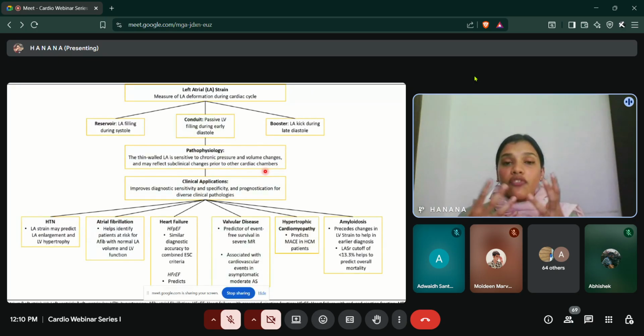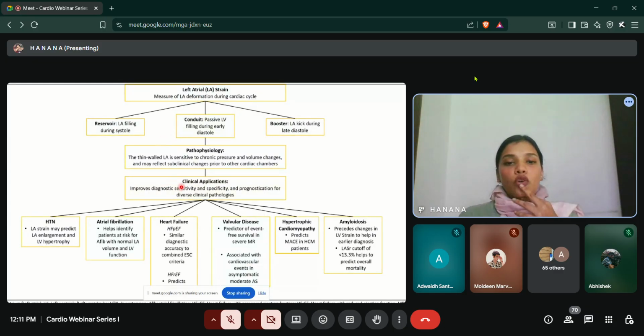So before it reflects in the transmitral inflow or TDI, we get the reflections in the LA strain. That's why it is very important in the current scenario. Before any changes in the cardiac chambers, LA strain gives the clinical output of how it is going with the LA.